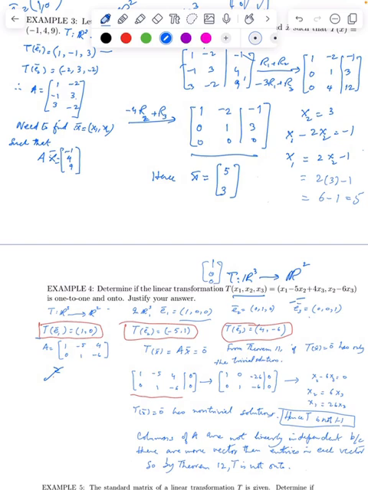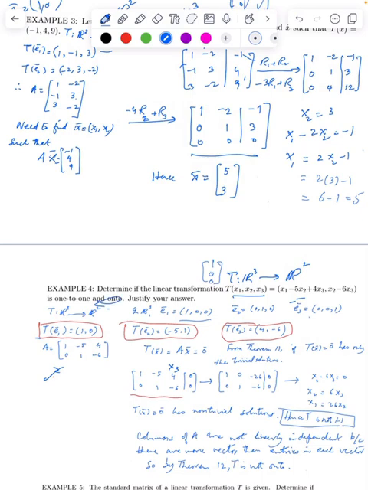So we try to solve it, and we end up getting a free variable here: x3 is free, which means we will not get just the trivial solution, we will get more than that. In other words, this system has at least one non-trivial solution. Hence, by theorem 11, T is not 1 to 1.